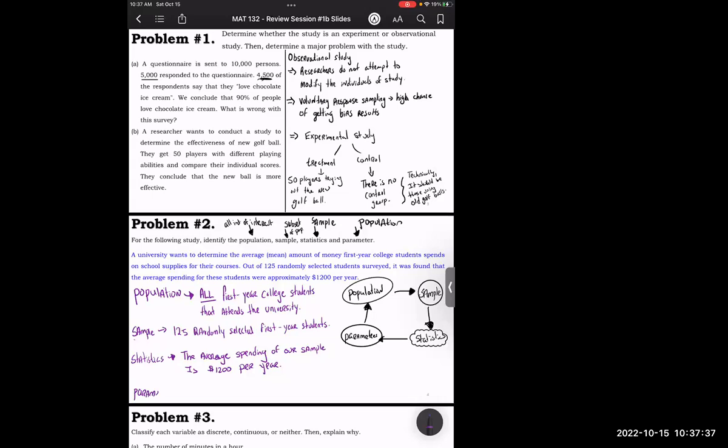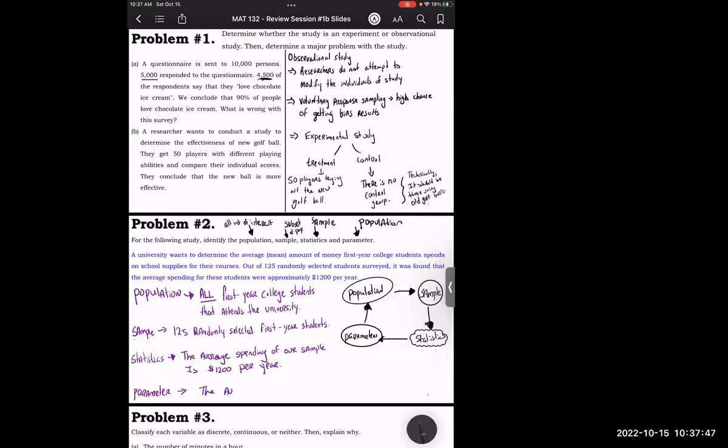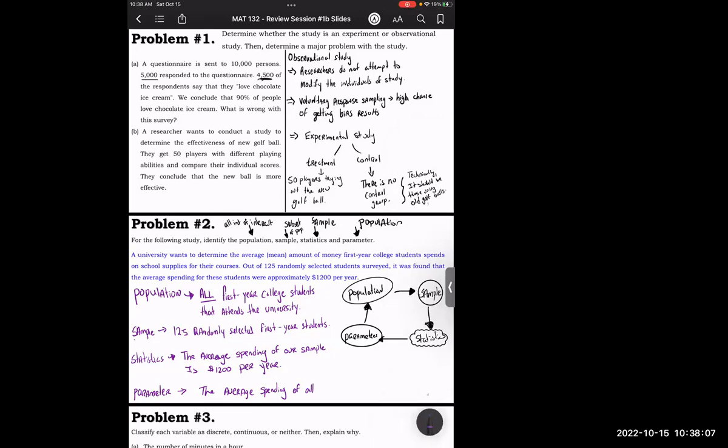We say the parameter is the average spending of all first-year students that attend the university.